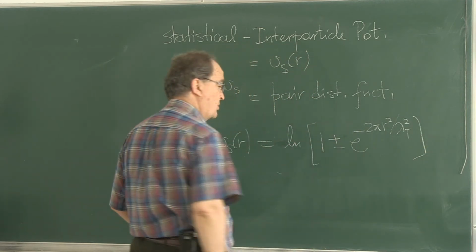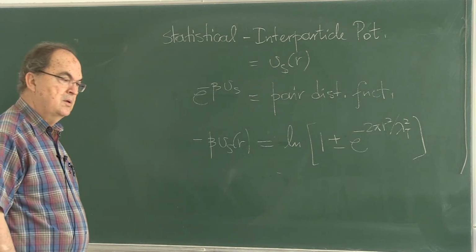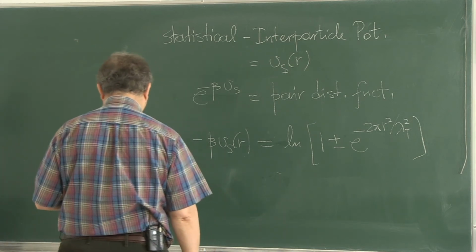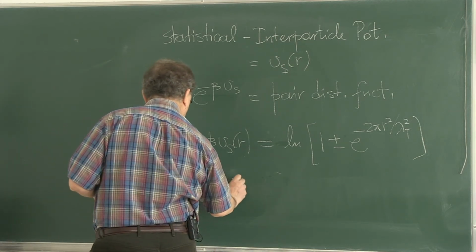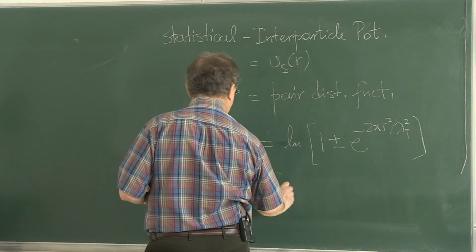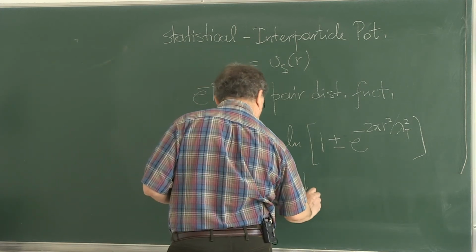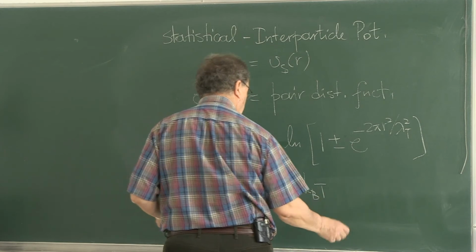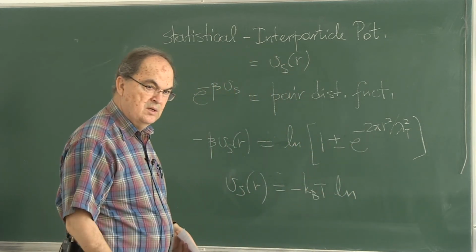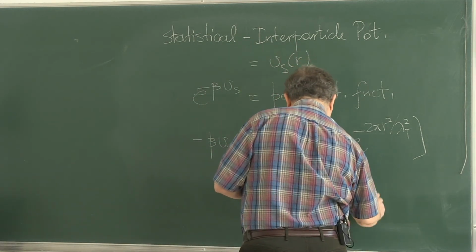Again, plus for Bose-Einstein, minus for Fermi-Dirac particles. So the potential is then minus kBT times the logarithm. We know, as a function of distance between particles, this effective potential between particles.